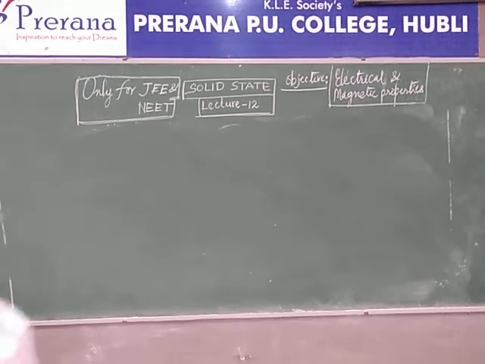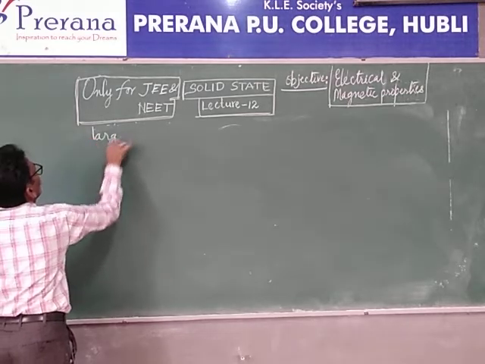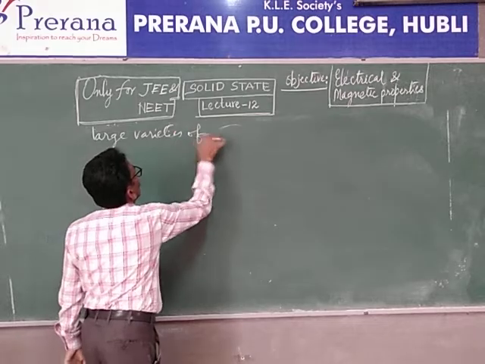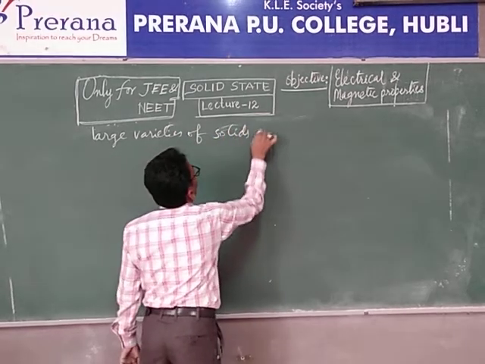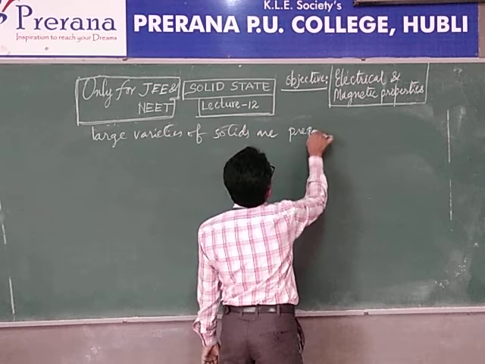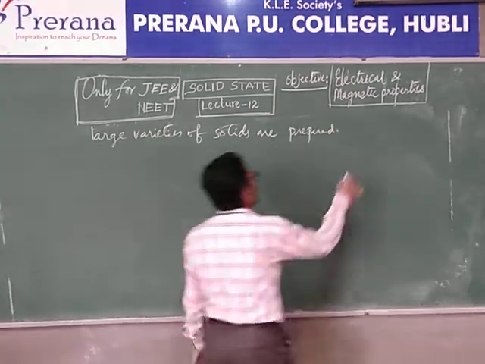Now today, large varieties of solid materials are prepared. By which combination? Average 4 valence electrons like silicon and germanium.